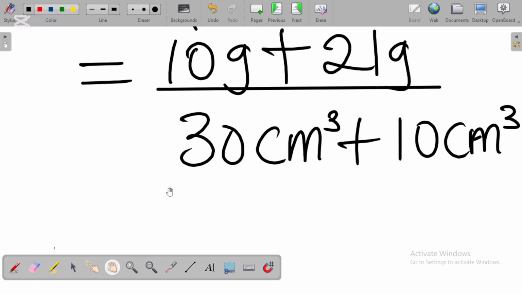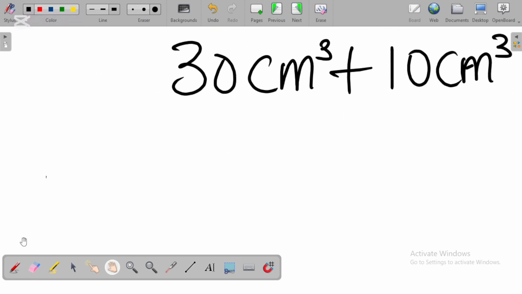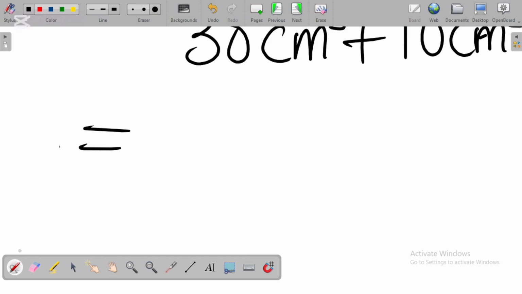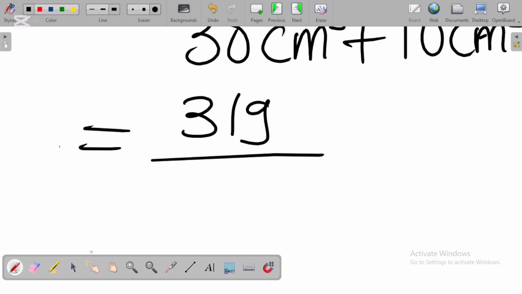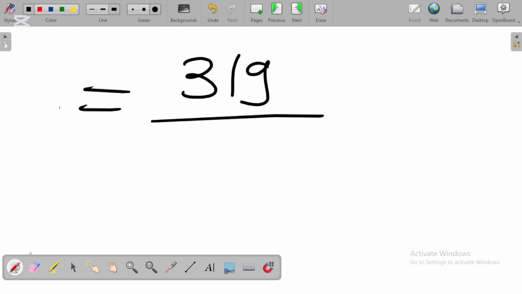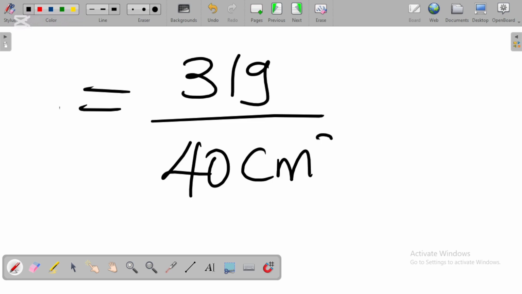All right, so we are going to add it up and then divide. So we have here 10 plus 21 gives us 31 grams divided by 30 cm cube plus 10 cm cube gives us 40 cm cube.